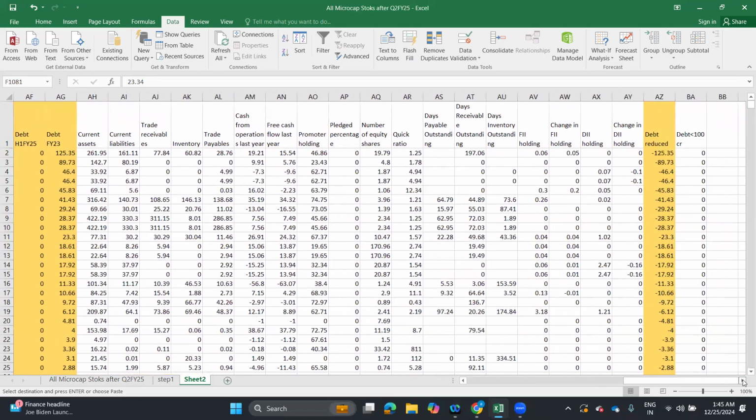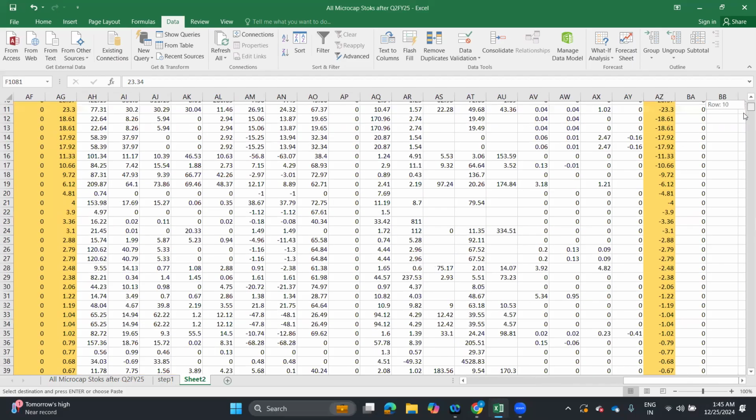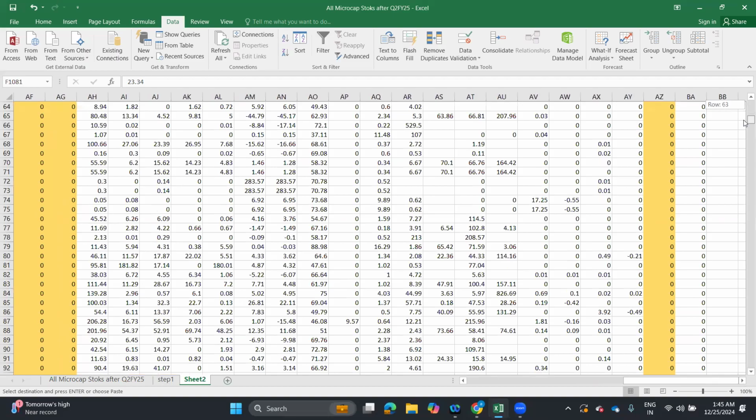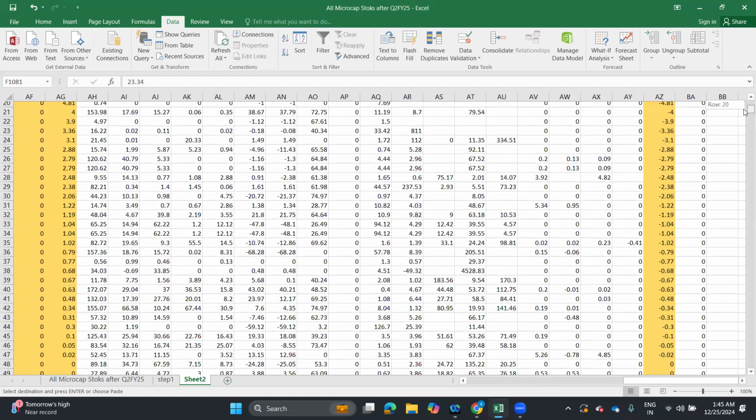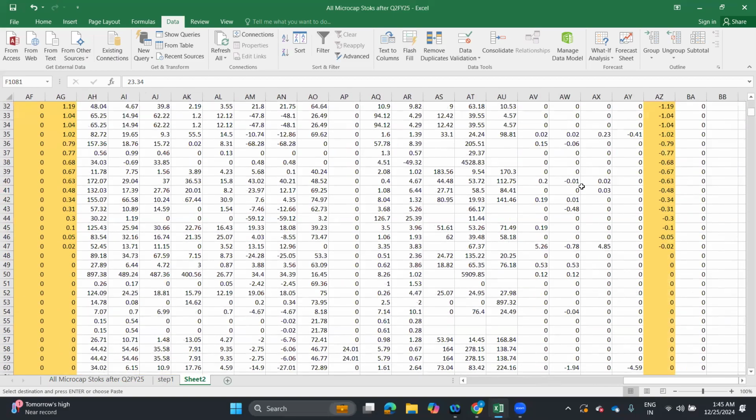Okay, so now companies with preferably zero debt, like had debt and now debt is less than 100 CR. Look, there are some companies where debt was not there and debt has not been reduced, it was a zero debt company and now also it's a zero debt company.